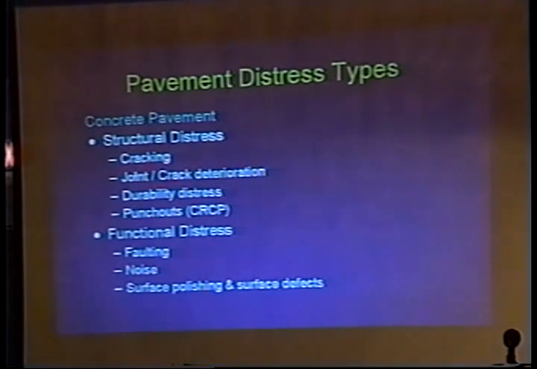Other types of problems are mid-panel cracks or cracking at the joint itself, where you might have some aggregate interlock problems. If they aren't reinforced, if it's a mid-panel crack and all you have is steel trying to hold it together, it's maintained by aggregate interlock.